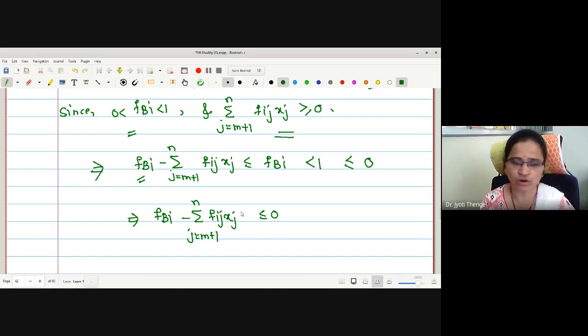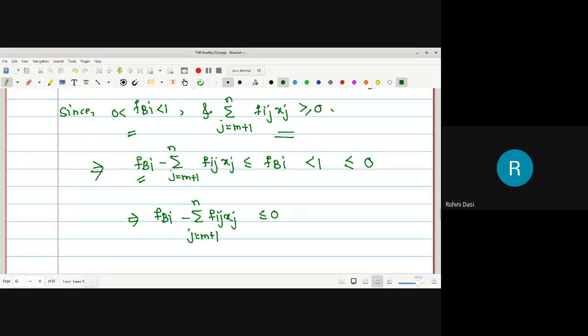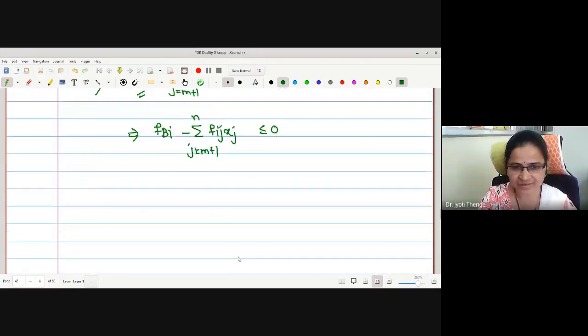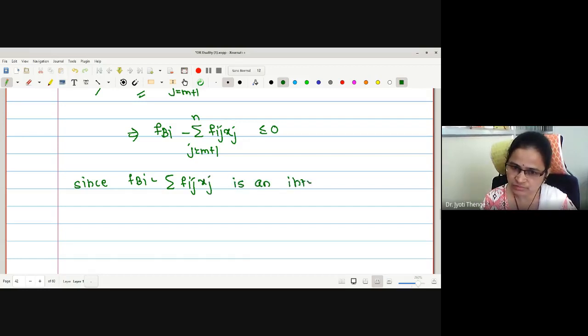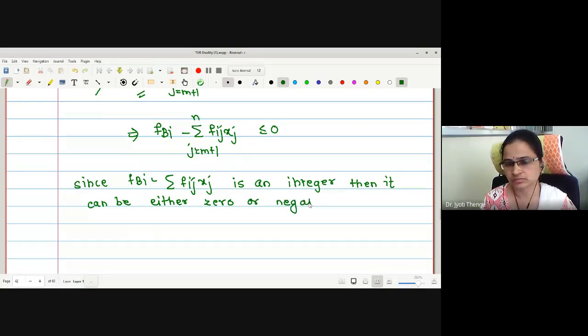Whether this point is understood or not, no one is responding. Correct? So here we will write, since fbi minus summation fij xj is an integer, then it can be either 0 or a negative integer.